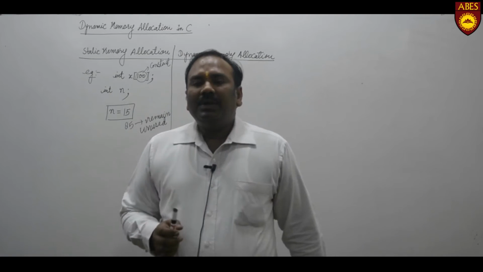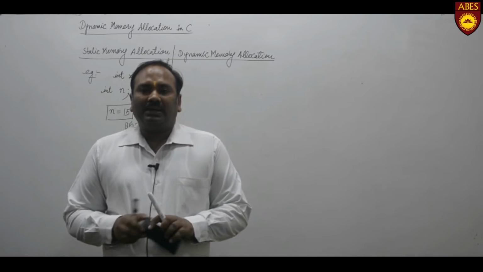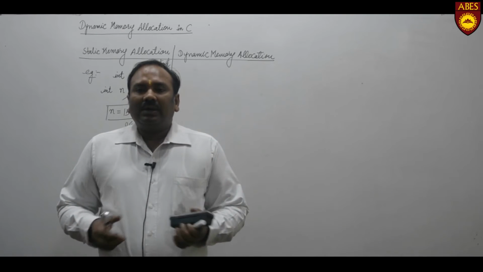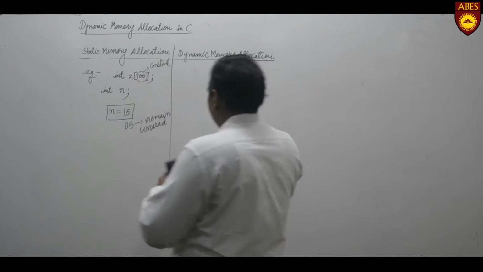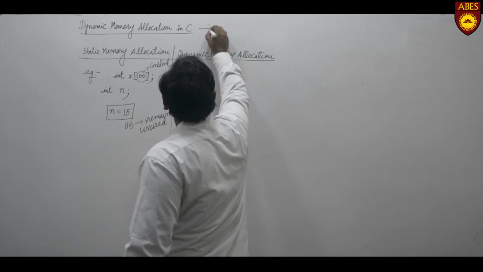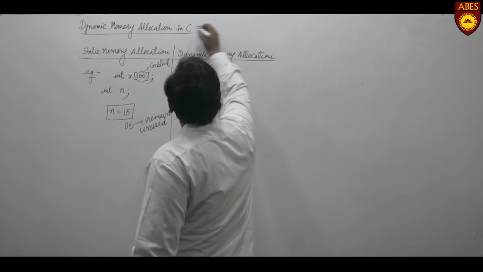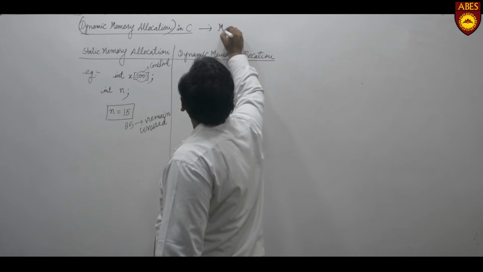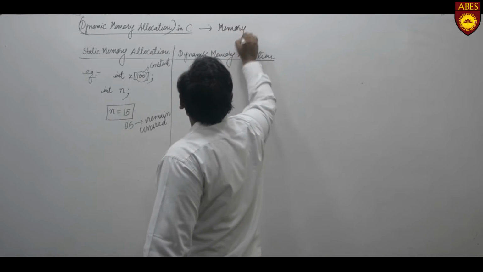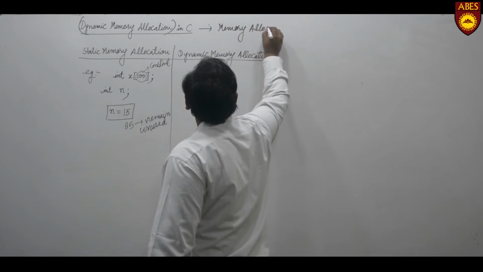It means memory allocation as per the demand, memory allocation at the time of execution. So formally we define dynamic memory allocation as memory allocation at runtime.